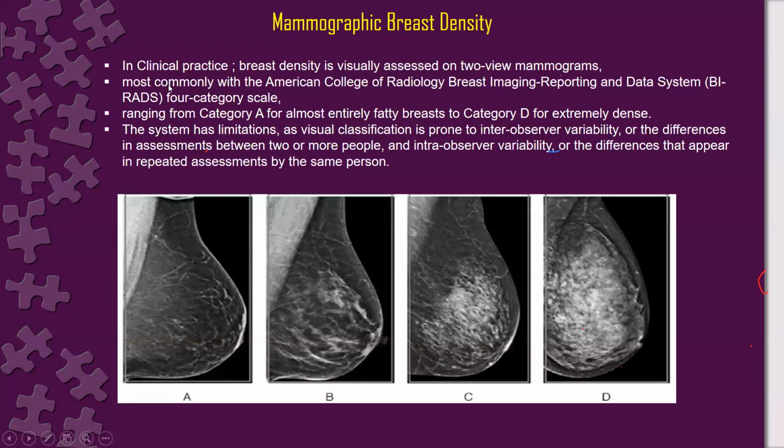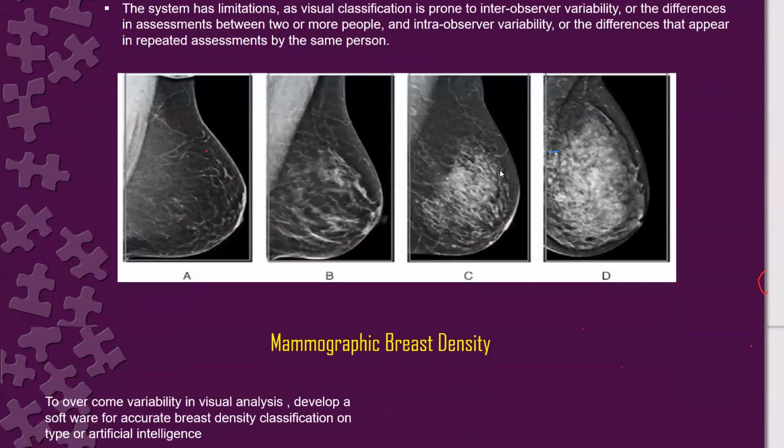So in clinical practice, breast density is usually assessed in two views, visually. As you know, we use the visual assessment of breast density, but definitely this visual assessment has a limitation.